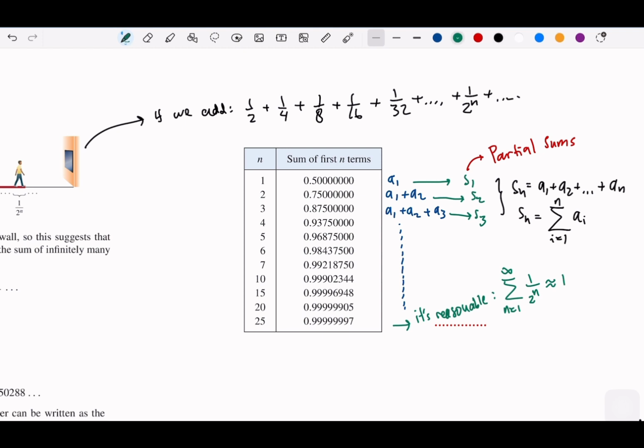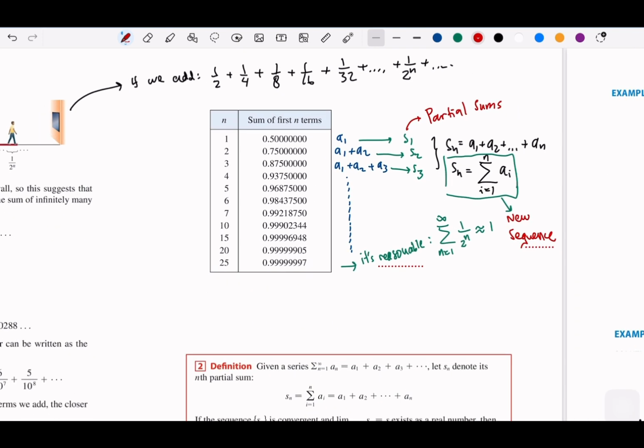So this will form a new sequence, for which maybe we see the limit or maybe not. If the limit exists, then we call this the sum. We can count the sum if the limit exists. Okay. The limit as in what we've done in sequences.